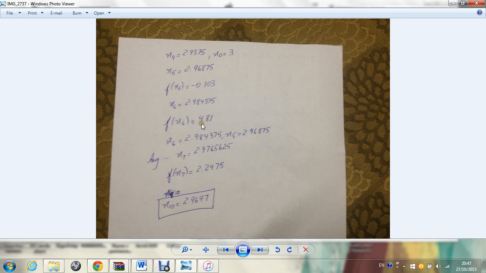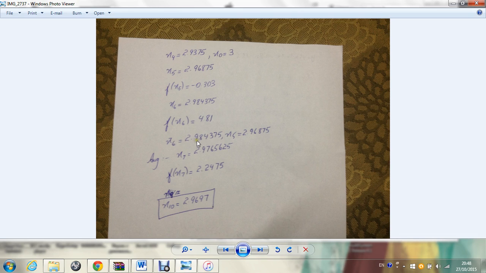Now you can see that this value is positive, and the previous value was negative. So we can use the value of x6 and the previous value of x5, which was 2.96875, because the root will lie between a positive and a negative value.